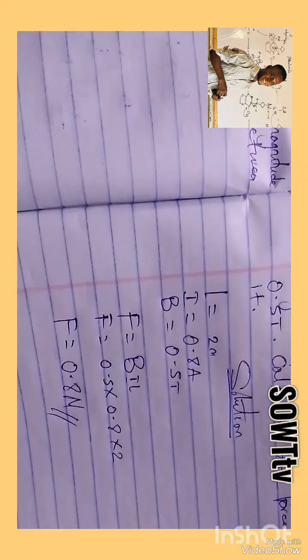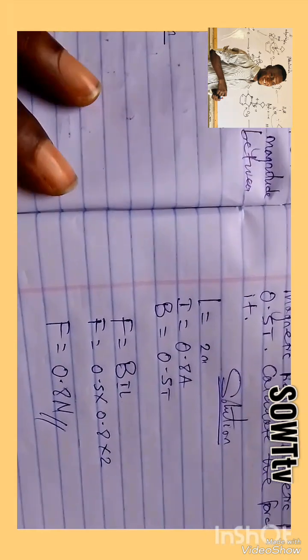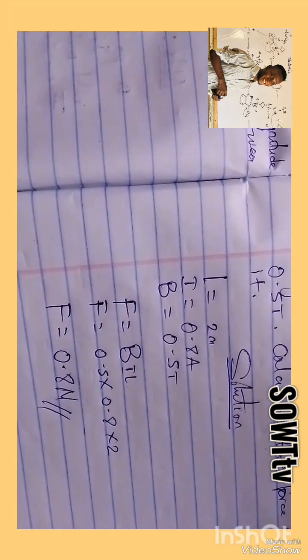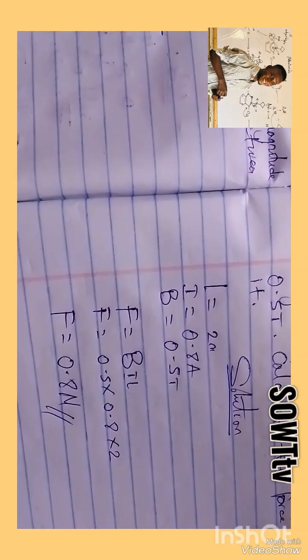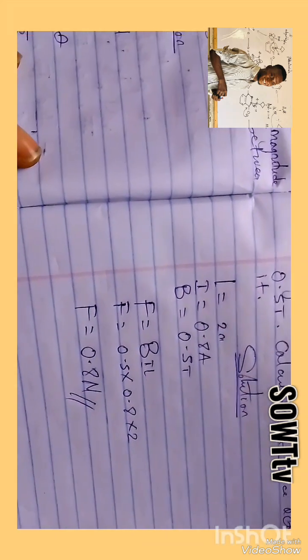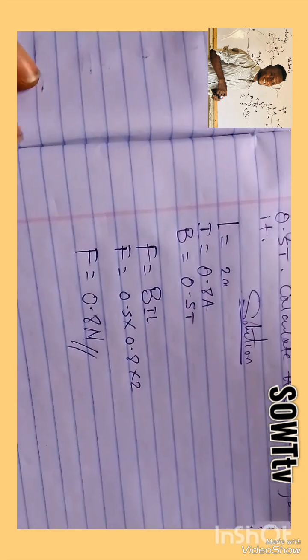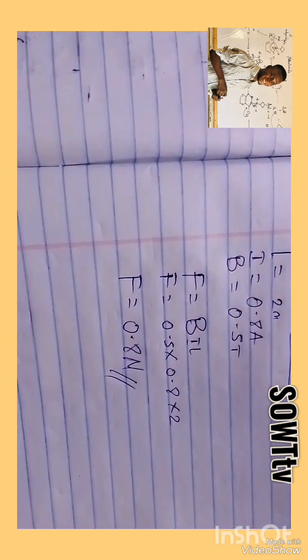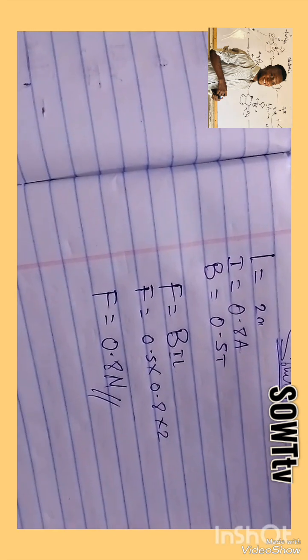Then our magnetic flux density equal to 0.5 Tesla. Going by the formula, F equal to BIL. For mnemonics, F equal to B. By the time you remember F equal to B, you should be able to remember easily what we are referring to. So substitute our parameters, multiply everything together. We have our final answer to be 0.8 Newton.